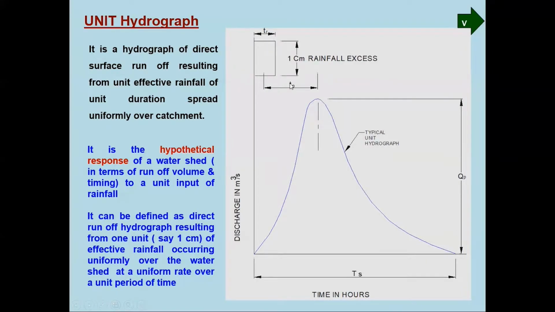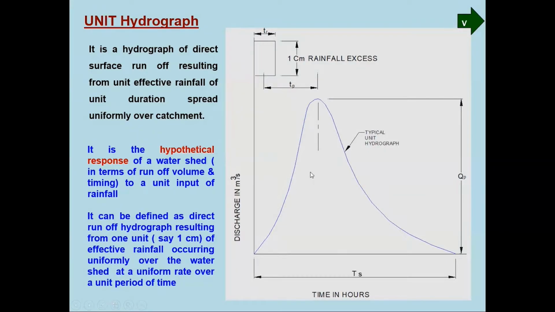This is a 1 hour rainfall, it has ended. From the center of this 1 hour rainfall to the time where the peak has entered, this is called TP, the time lag. So the time lag is from the center of the unit rainfall to the maximum discharge value the hydrograph has achieved.